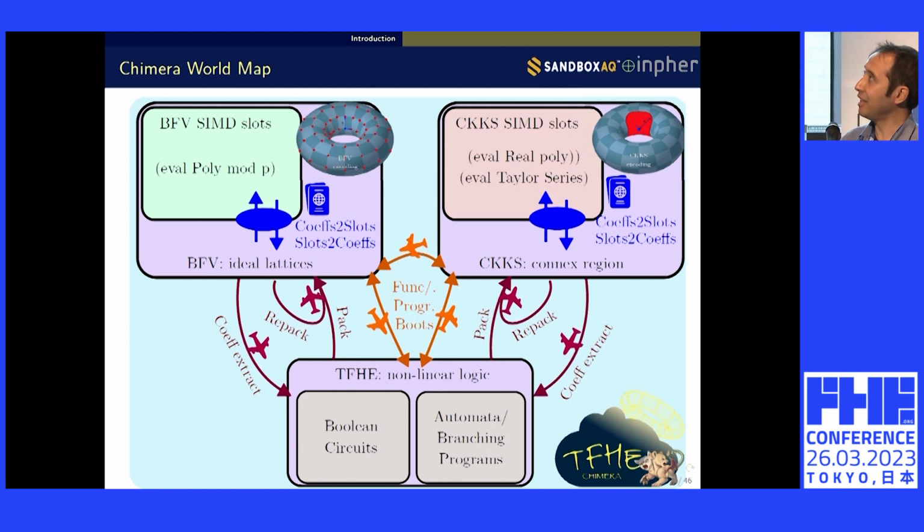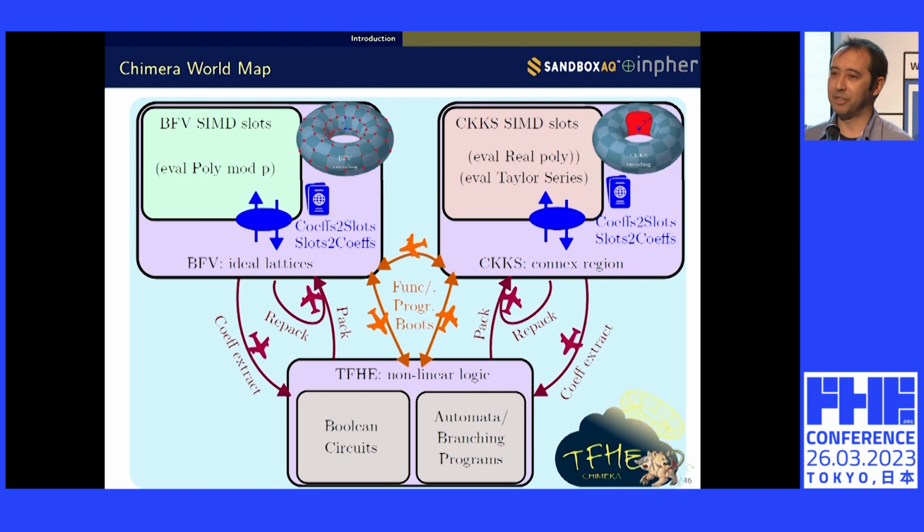And if at some point we want to do some transformation that is absolutely nonlinear on the coefficients, like rounding functions or something completely different, we have this functional bootstrapping, or programmable bootstrapping, that allows us to apply a completely arbitrary function over torus elements.